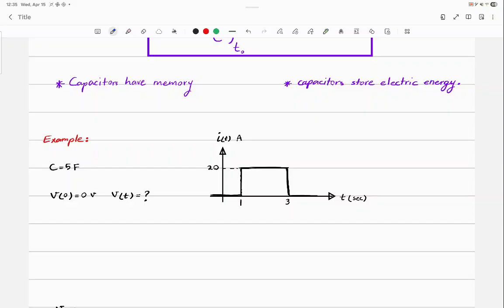So I'm going to write that here. V(t) is equal to 1 over C, integral from t0 to t of I(t') dt', plus V(t0). Okay?